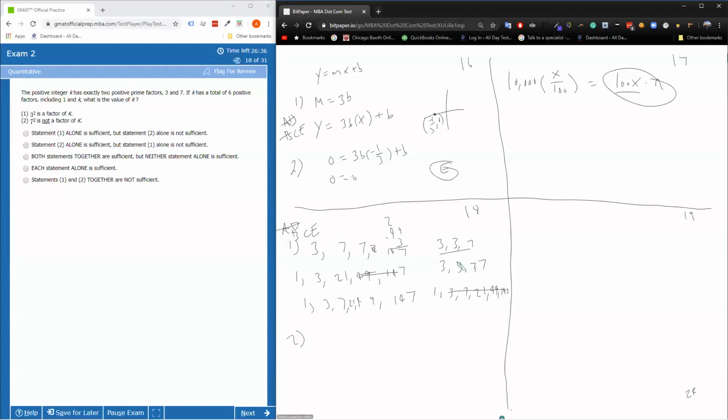So statement 1 is saying it has to be this, I believe. And statement 2, 7 squared is not a factor, so that means we can't have more than one 7. So they're each sufficient.